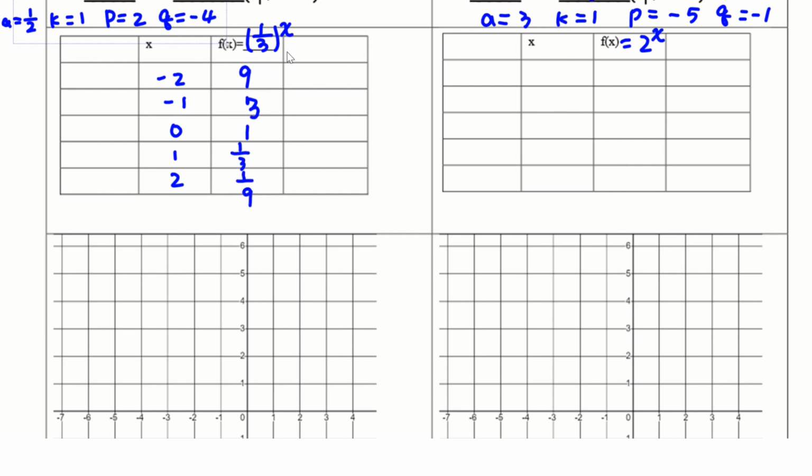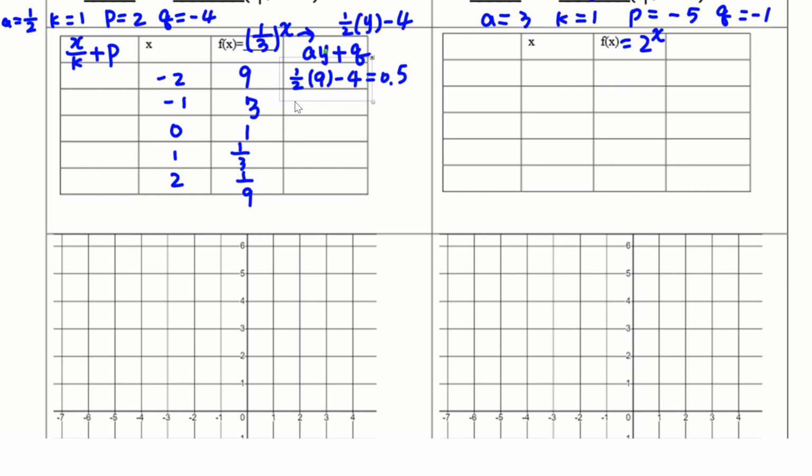So this is parent function, and the transformation is from this one. We do a times y value plus q. It will give the new point. And for the x, do the opposite, divided by k plus p. So a times y is 1/2 times y value, then -4. So this one times 1/2, 4.5 minus 4 give you 0.5.